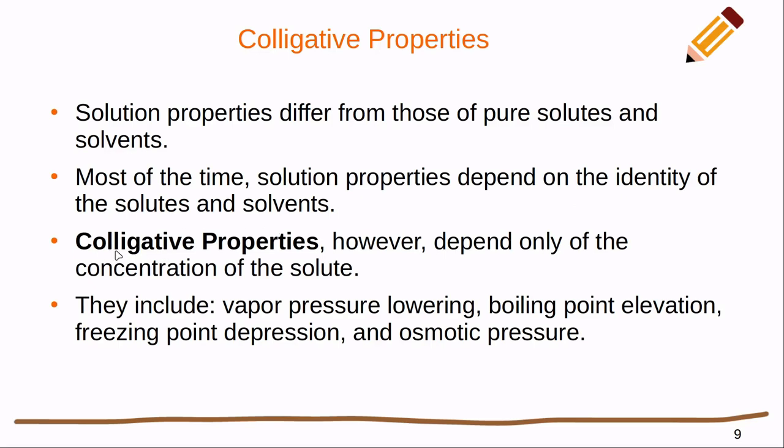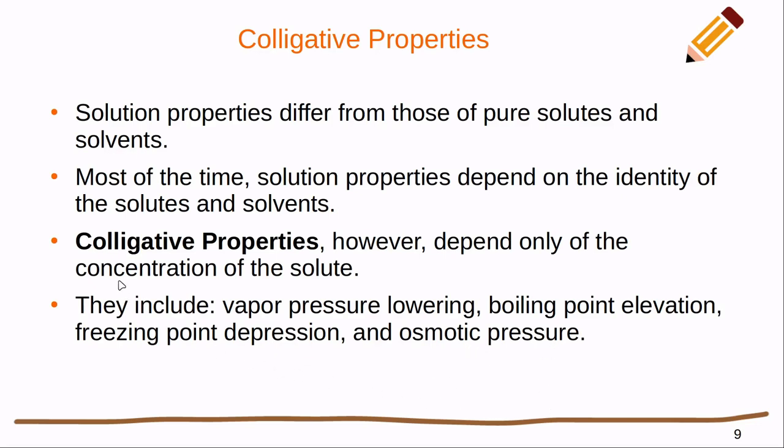However, there are a few properties, the colligative properties, that depend only on the concentration of the solute. So it doesn't matter what solute you have, it's going to affect these colligative properties the exact same way. And these include vapor pressure lowering, boiling point elevation, freezing point depression, and osmotic pressure.